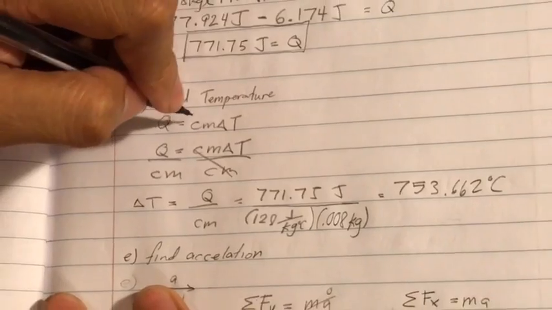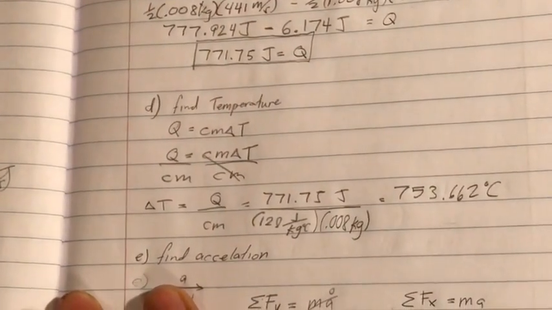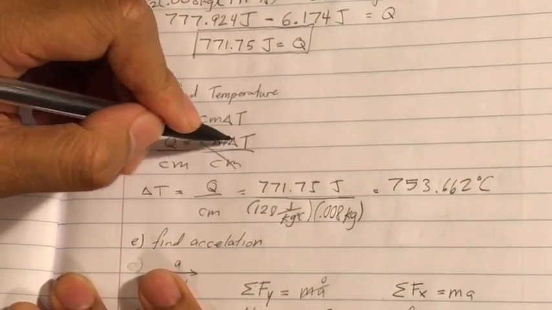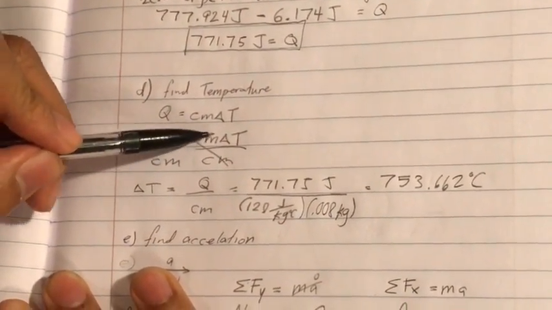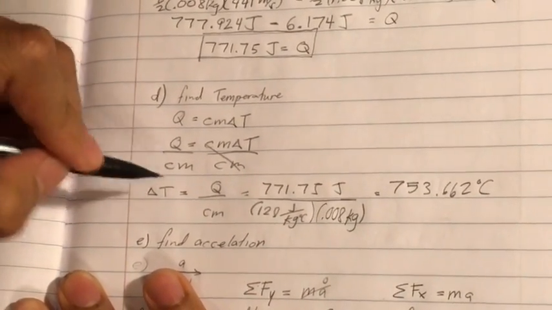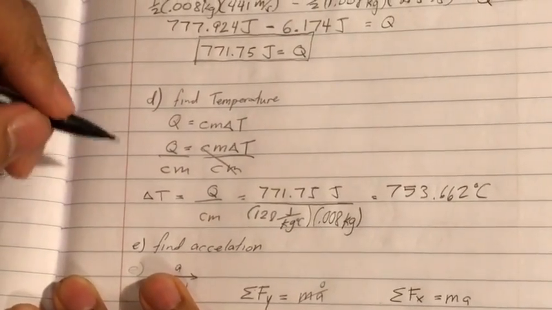Q equals Cm times change in temperature. Since we're looking for temperature, we have to isolate it, so we divide everything by Cm. To find T, we divide Q by Cm.